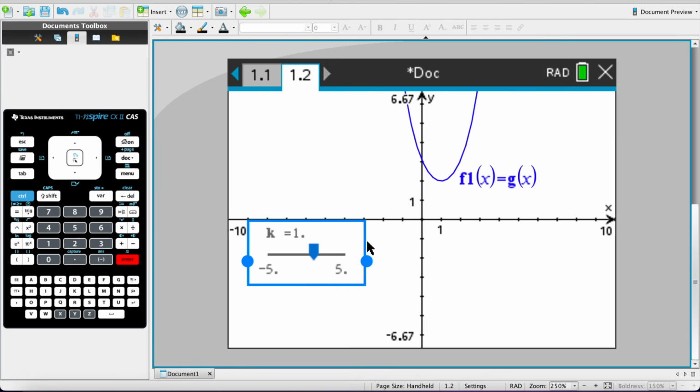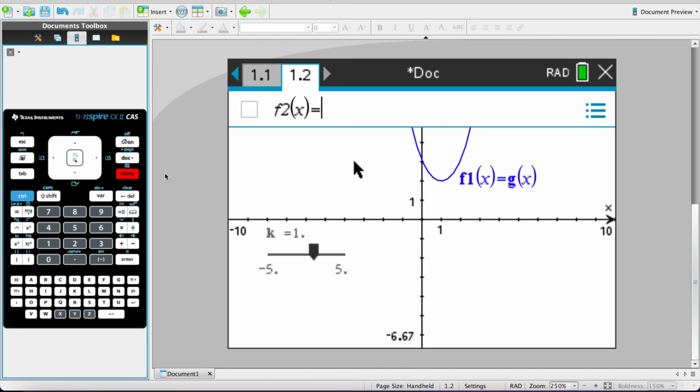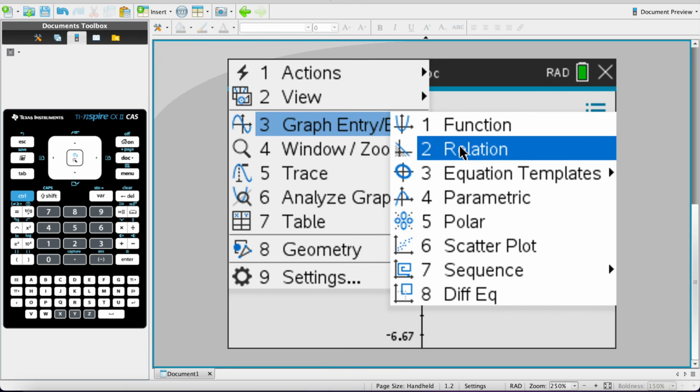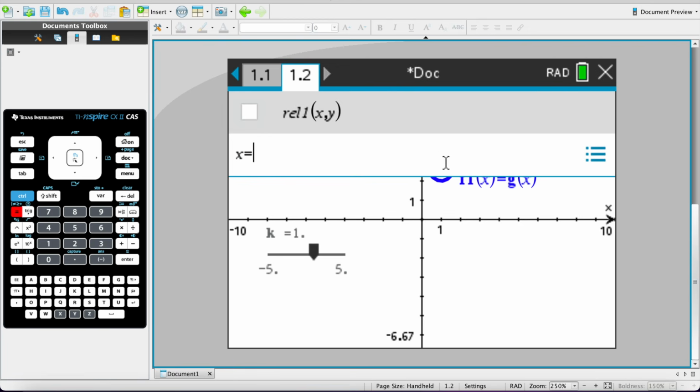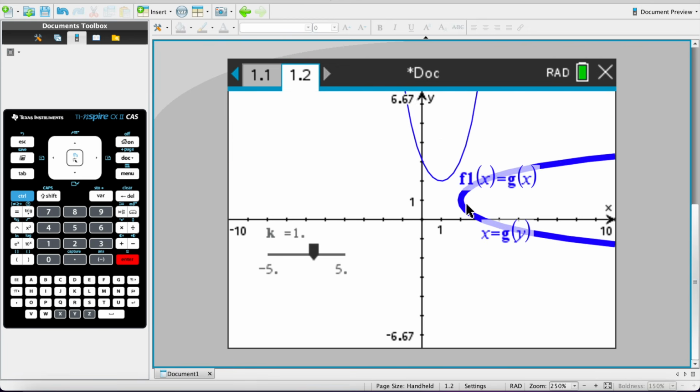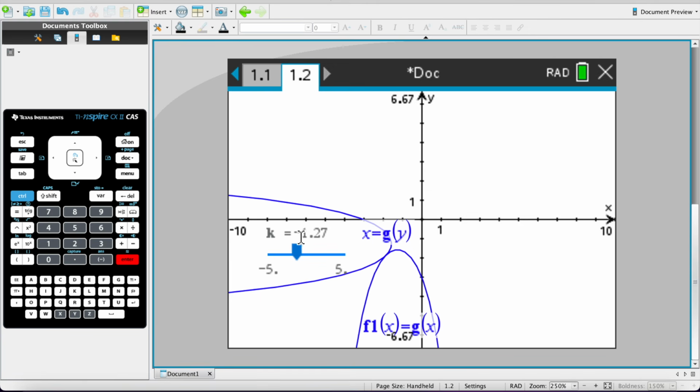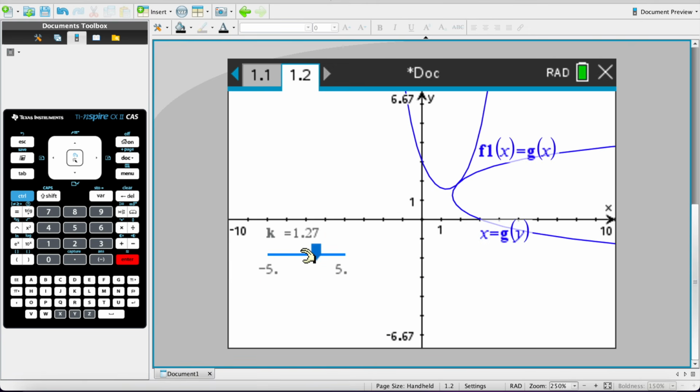Yeah, we'll create a slider, and then we can also sketch, I'll do a relation, so menu graph entry relation, and just sketch x is equal to g of y. If we put k as negative 1.27 was there, and let's just try positive 1.27. Okay, so positive 1.27 is the answer.